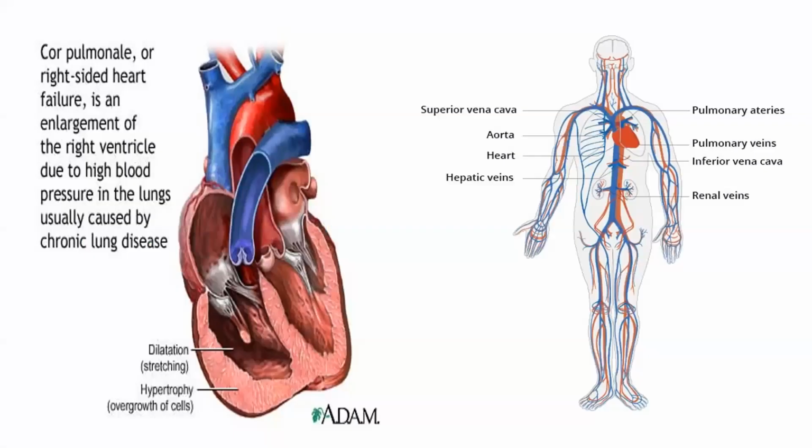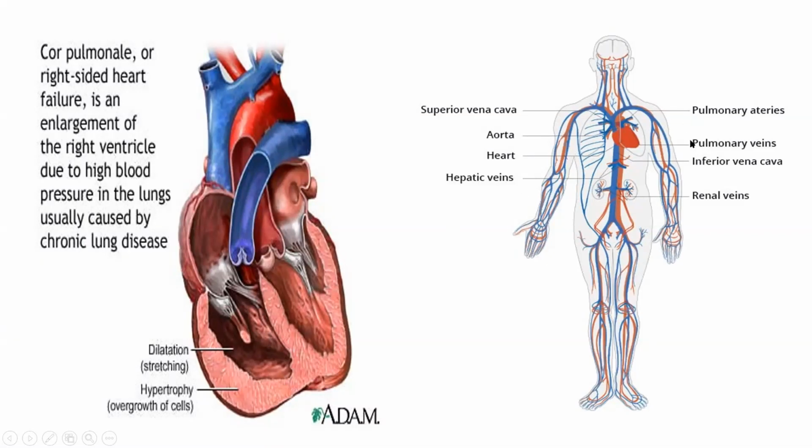Cor pulmonale, or right-sided heart failure, is an enlargement of the right ventricle due to high blood pressures in the lungs, usually caused by chronic lung disease. So we see in the picture on the left, looking at the screen, a dilation and a stretching of this right ventricle. We see some hypertrophy here, the overgrowth of the ventricle muscle itself. So up here, this blue artery, the pulmonary artery, goes to the lungs.